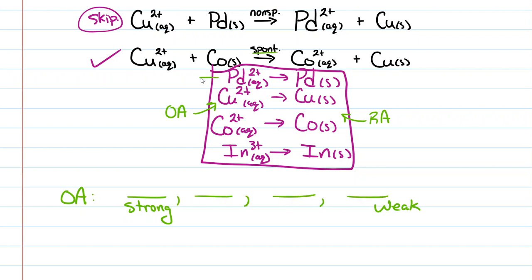Up top, palladium 2 plus is the strongest oxidizing agent. So palladium 2 plus, copper 2 plus, cobalt 2 plus, and then finally indium 3 plus is the weakest oxidizing agent. And we could do the exact same thing for reducing agents, except the strongest reducing agent is over here.